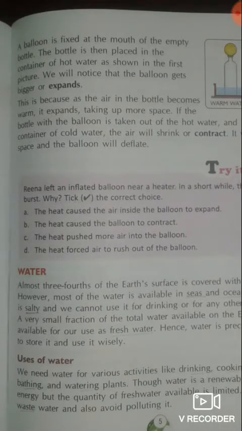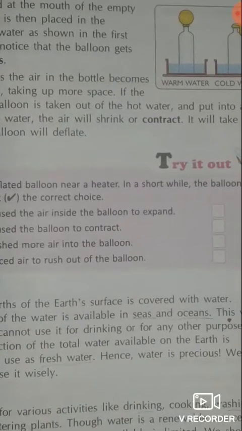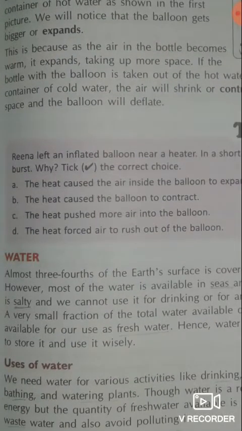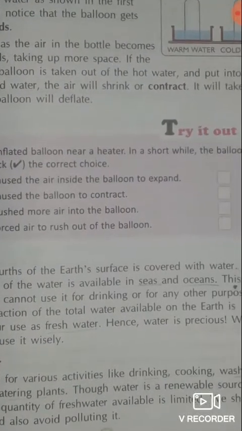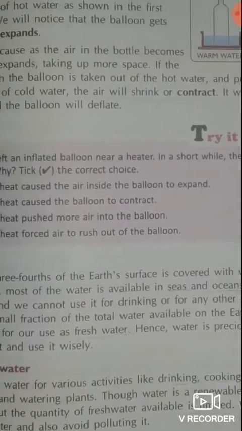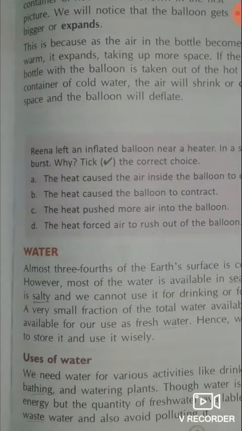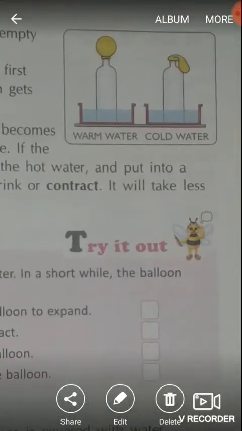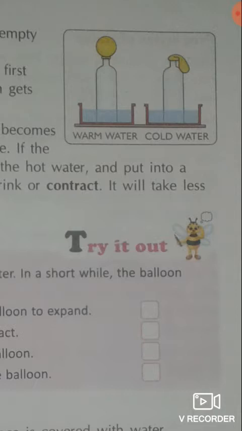Okay, if the bottle with the balloon is taken out of the hot water and put in a container of cold water, the air will shrink or contract. It will take less space and the balloon will deflate. So in the second picture it is shown that the balloon is taken from warm water and put in the cold water.